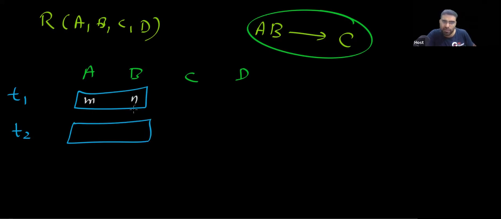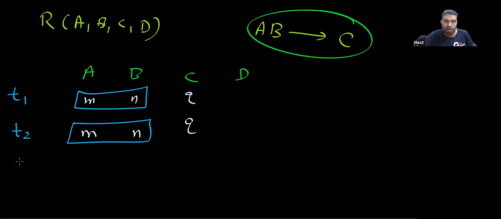For example, if you put M here and M here, the AB combination is same. So then this C value also must be same.